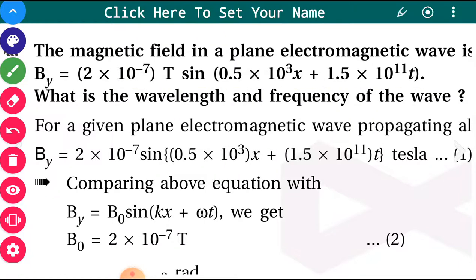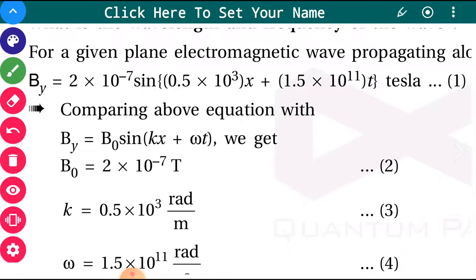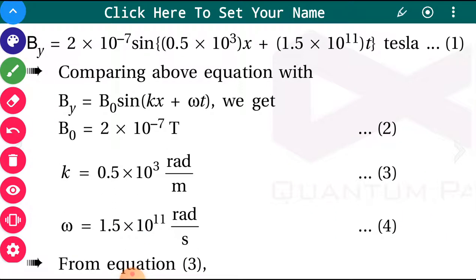Now see, you can easily calculate this. Here we have the general formula of the magnetic field, that is By equal to B0 sine (kx plus omega t). Here B0 is 2 into 10 raised to minus 7.